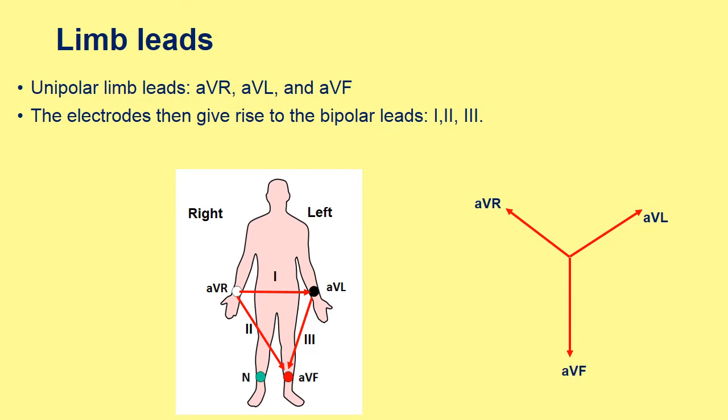So lead 1, then the next one is lead 2, and lead 3. If you remember this, you will remember what direction the picture has been taken from. And just to let you know, limb leads look at the heart from the side, so they look from the left side, and then from the bottom, from the feet. So that's where they look from.